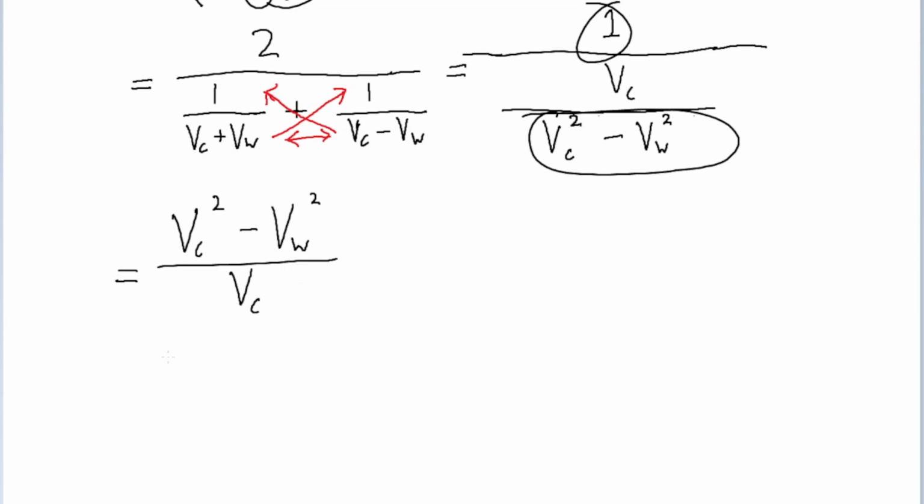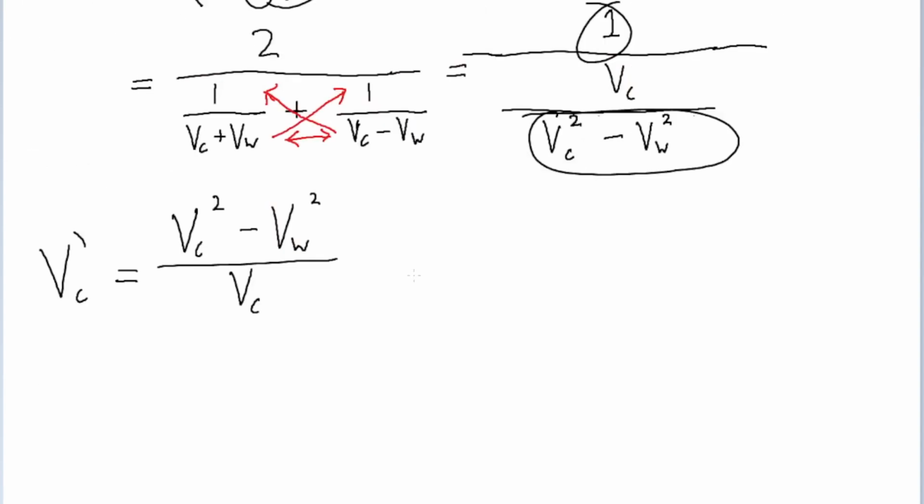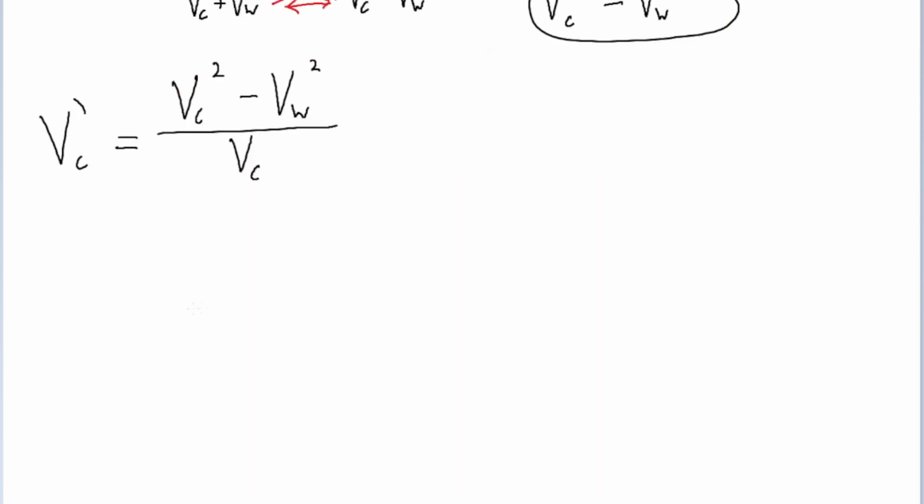Now finally, we are at a point where we can plug this in, because remember, what we just found is an expression for v sub c prime. We now can plug this into the formula we discussed earlier for the fractional difference that we're trying to find, v sub c minus v sub c prime, all divided by v sub c.